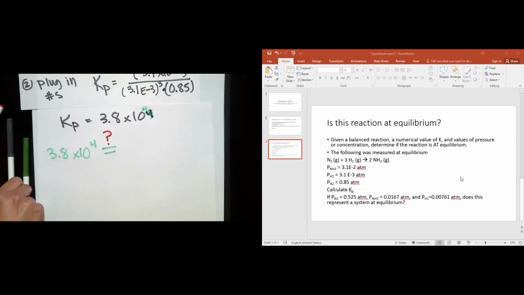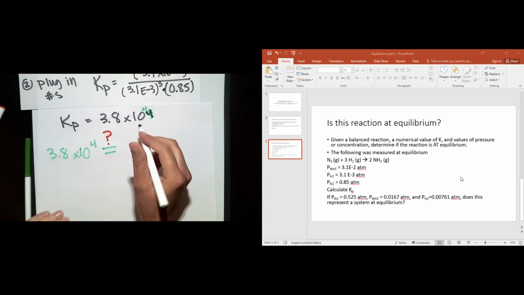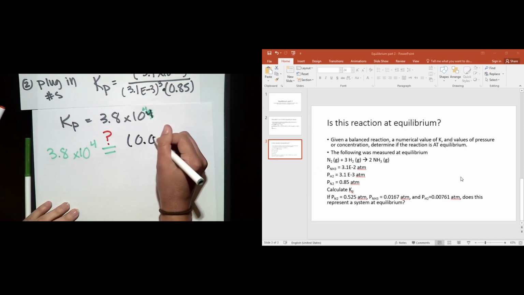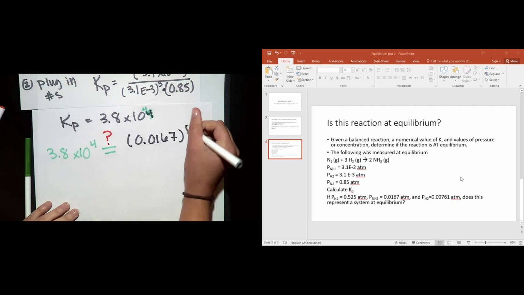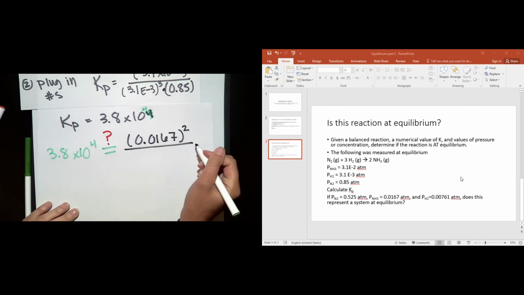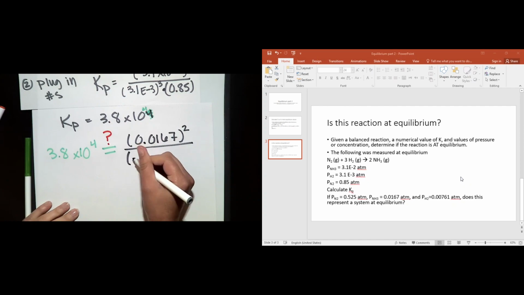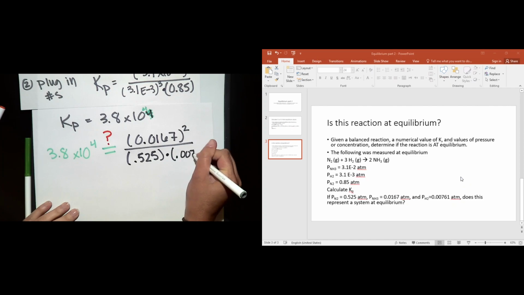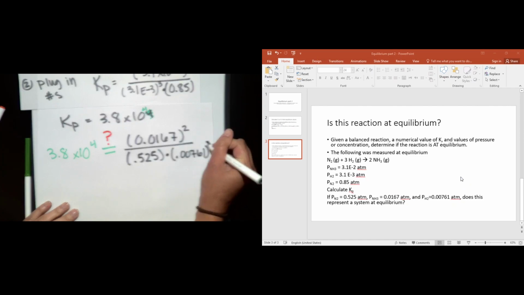So instead of plugging in those values that I was given in the first part of the problem, now I'm going to plug in the values given in the second. So this part of the question says 0.0167, and that will be squared because it's ammonia in the numerator. On the bottom, we have 0.525 for nitrogen times, for hydrogen, 0.00761, and that is cubed.